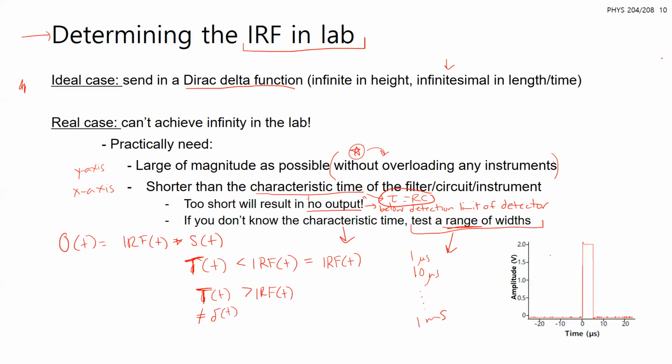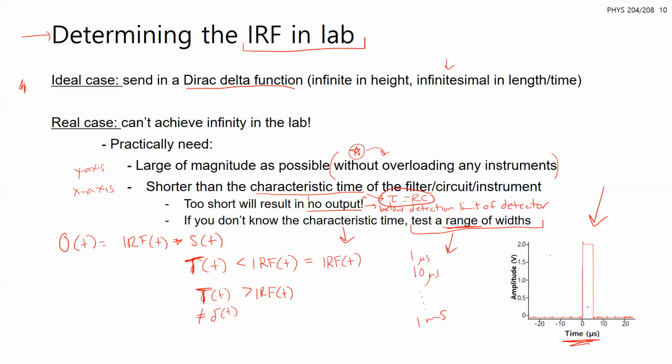So I showed this plot over here as something that you might realistically use in the lab, where, based on whatever circuit you construct, if the time constant is less than 20 microseconds, 10 microseconds, this type of delta function approximation that you can produce with your ARB is a very short square wave burst.